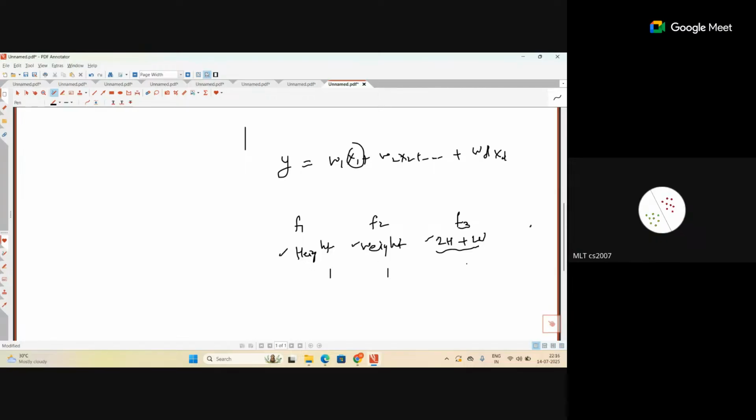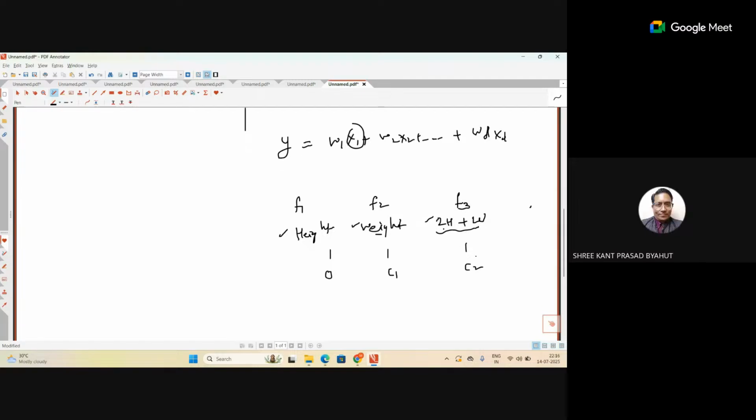Let's say we are not discarding any of these. If I give more importance to, let's say, here and here, can I get the solution to this problem? Here height and weight are there, that's also okay, right? If I give weightage here and discard this, I still get that.